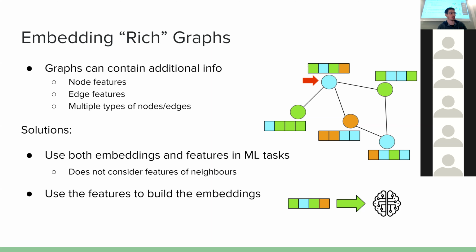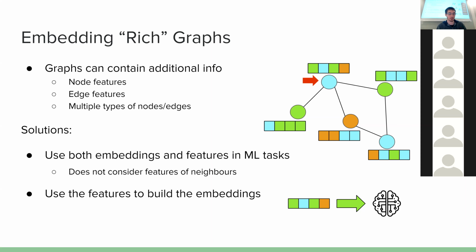concatenating topological information and features and letting a downstream machine learning system mix them in some way, you have the graph representation learning system itself mix the features with the topological information.